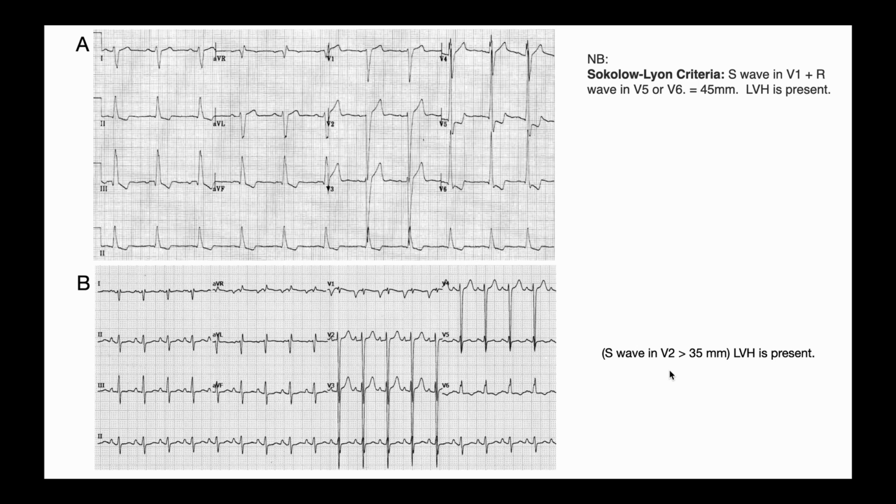Also, what do we see? There are signs of biatrial enlargement in V1 with a peaked initial portion of the P wave, which indicates that there is right atrial enlargement, and it is followed by a deep terminal negative portion of the P wave, which also indicates that there is left atrial enlargement.